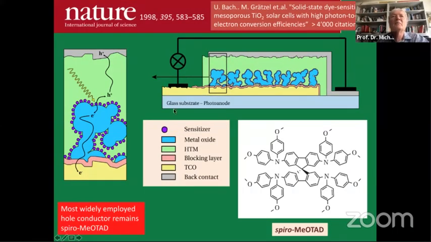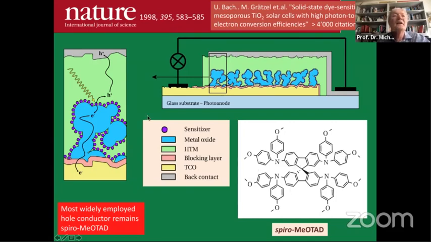Why is that? Well, because we had worked on this solid-state version and published a paper like 10 years earlier in Nature, where we had shown that we can get high efficiencies by just replacing the electrolyte with this hole conductor, which is still being used today, spiro-OMeTAD, a spiro-connected arylamine.